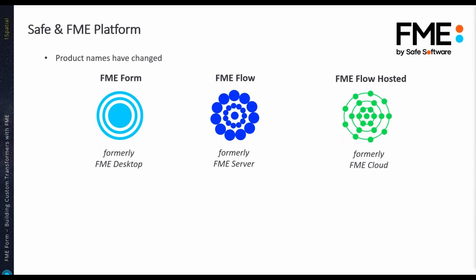FME Flow is the server product, the enterprise level data processing, and FME Flow Hosted is the enterprise product that's hosted in the cloud. And I apologize now if at any point I call things by the wrong names. It takes me a while just to retrain my brain after using FME for just over 12 years now.